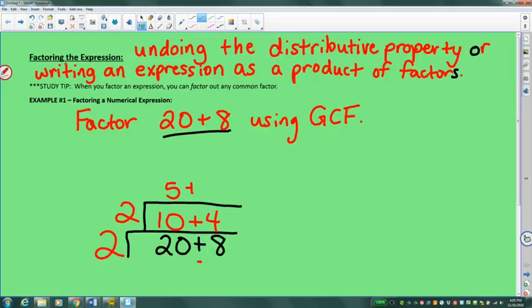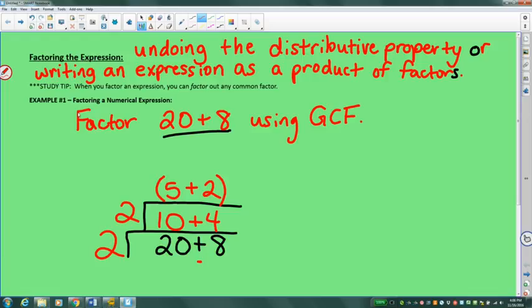I bring up the addition sign, and I go 4 divided by 2 is 2, and now I have 5 plus 2. And now I ask myself, is there any other factor that goes into both 5 and 2? And I notice that there isn't. Okay? So 5 and 2 is going to be what's in my parentheses.